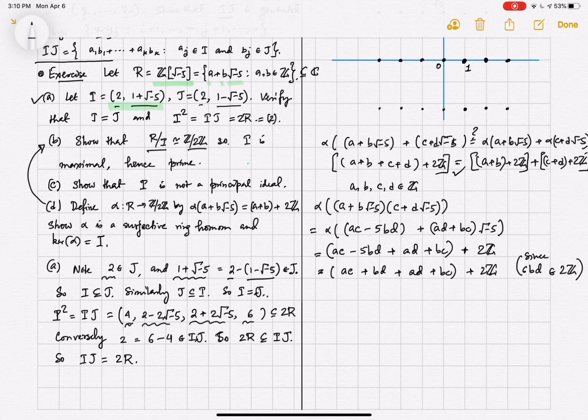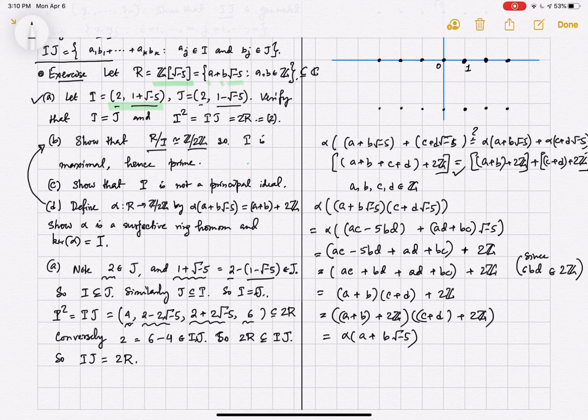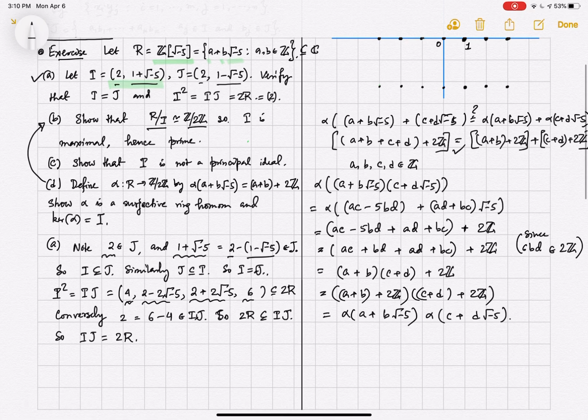So changed by an even number, so they are congruent mod 2, but that's the same as a plus b times c plus d. That's why I did this anyway. And this is the same as a plus b plus 2Z times c plus d plus 2Z, which is alpha of the first number times alpha of the second number. So alpha is a homomorphism.